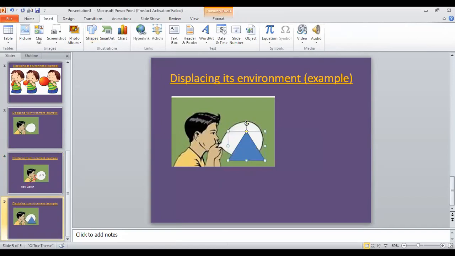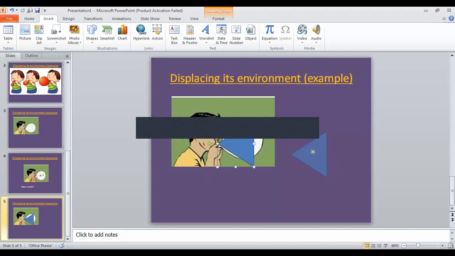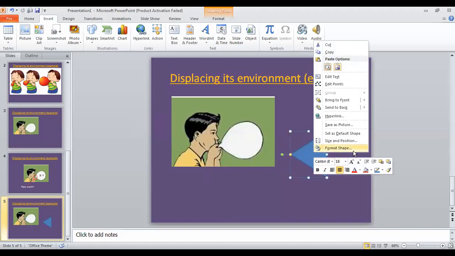I take this shape for the balloon because it's easier for me. So you blow more, it expands more, something like this. Let me take the same color.